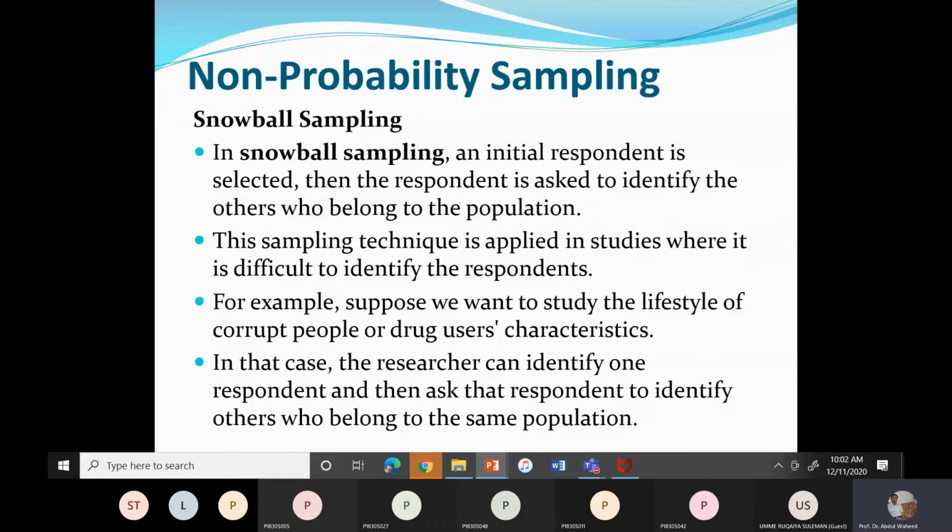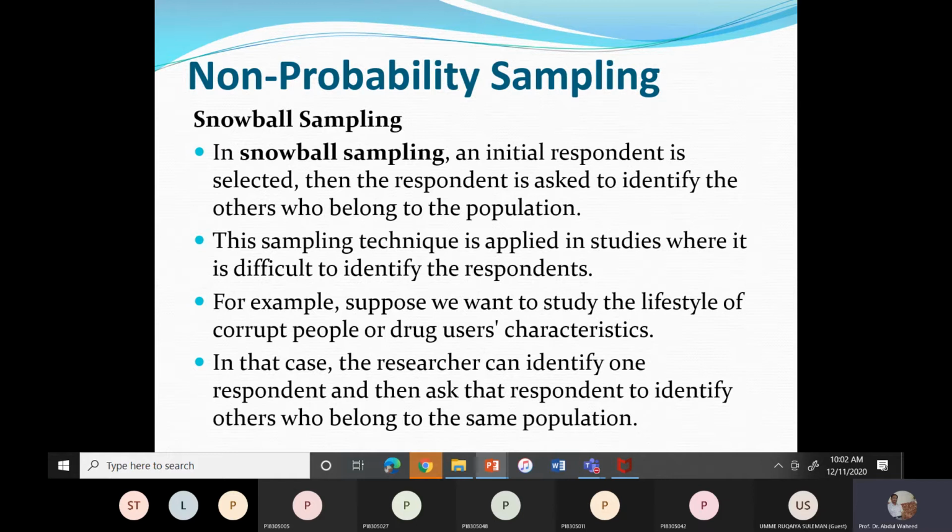This snowball sampling is used when we have difficulties in getting respondents or sample units, because there are some studies where it is difficult to identify the respondent. For example, if we have a study to see the lifestyle of corrupt people, to identify corrupt people is very difficult.